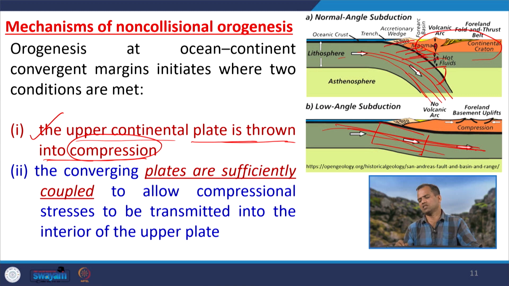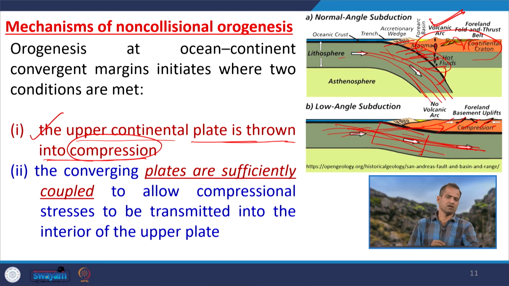Once there is much interaction, stress is transferred from the underthrusting plate to the overriding plate. As a result, there will be compression in this region, rather than extension. The tectonic setting that promotes extension is called back arc extension and basin formation. However, here there will be back arc compression.